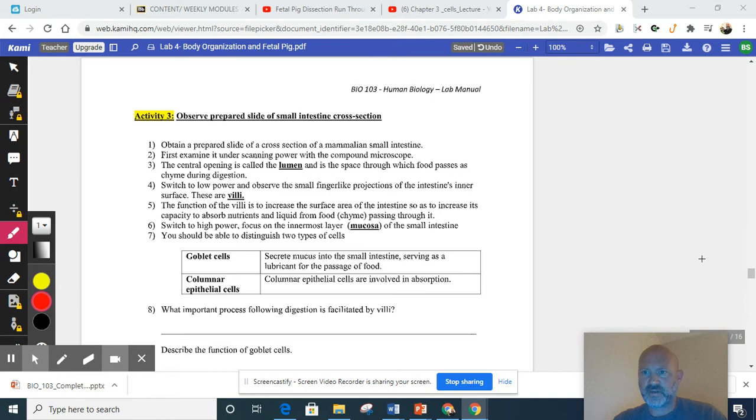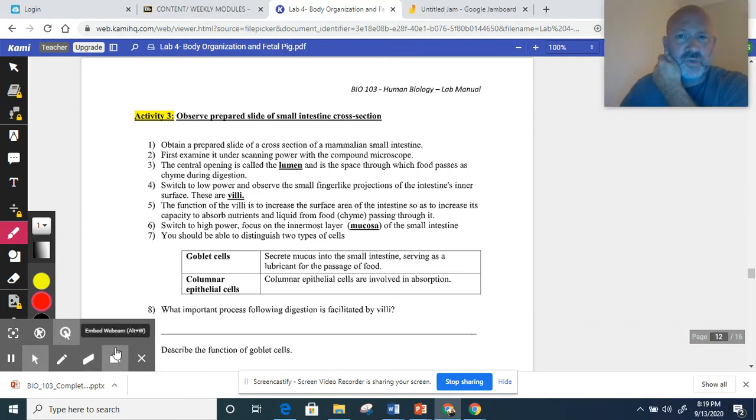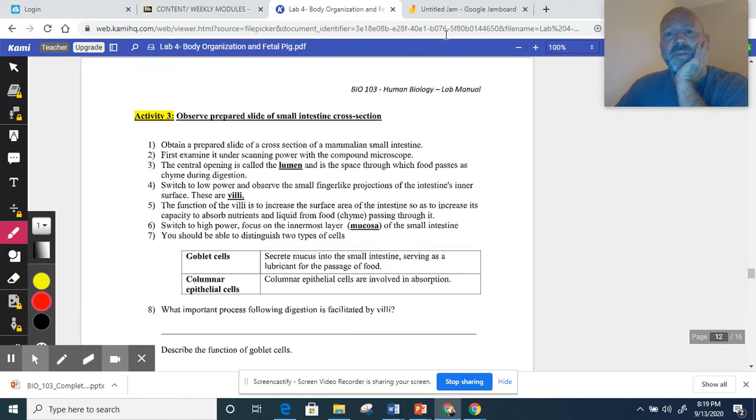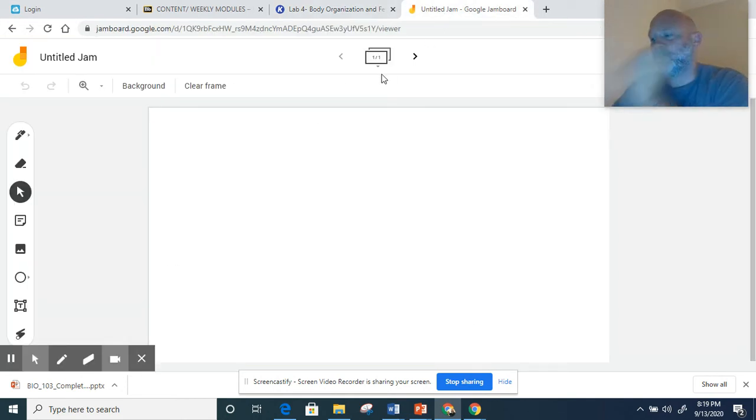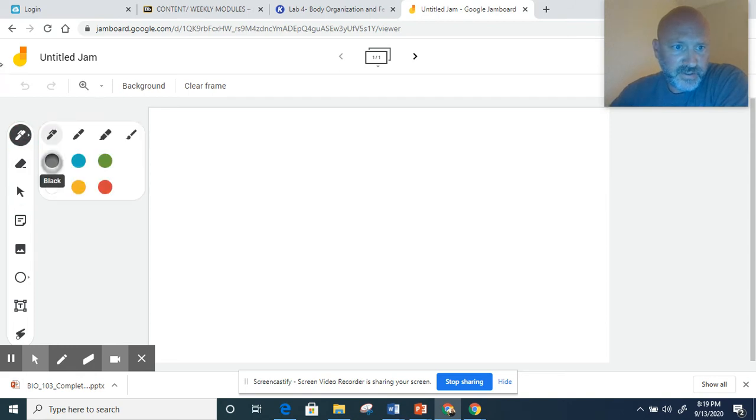Get my picture out of the way. What's going on inside the small intestines? If you think about the small intestines, and you think about it like a tube, right? Let's draw this like this.